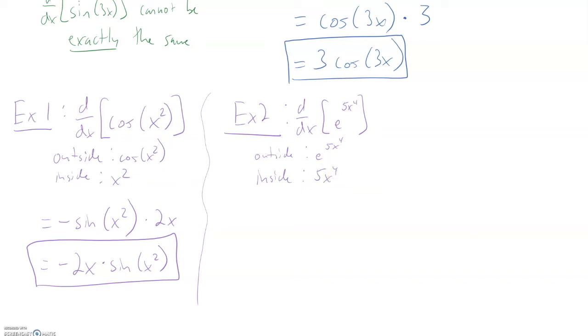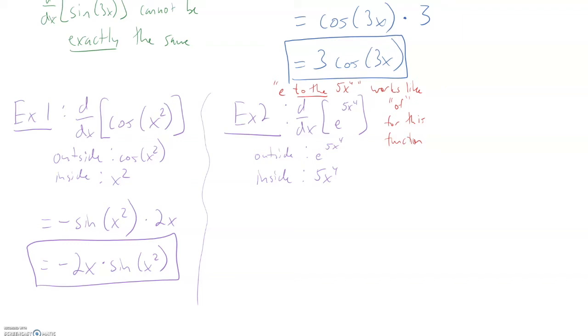This exponential form is special. When I say e to the 5x to the fourth power, that phrase in the middle, "to the," is working the same way the word "of" did when dealing with our trig functions. And we'll see one more example after this where something to the power of something else is just as important for identifying the chain rule as the word "of" is.